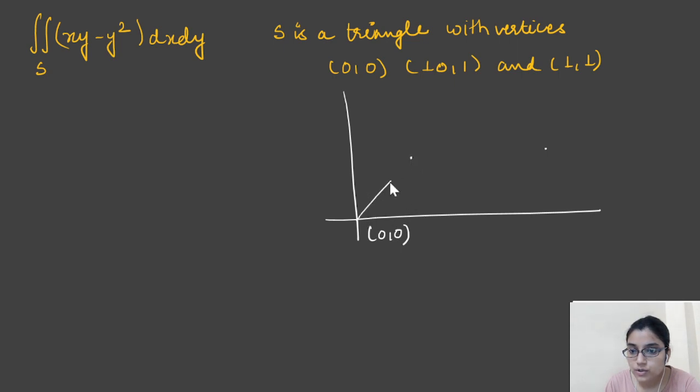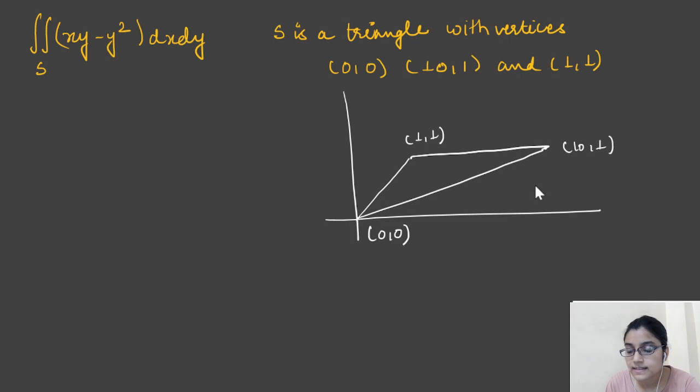So this is going to be your 1 1 point, and this is your 10 comma 1 point. Then you will join them because you want a triangle. They said this is a triangle. This is your x equal to 10, and this is your x equal to 1. So this is a triangle, and they said this is your domain.